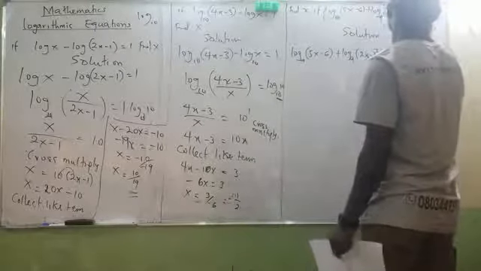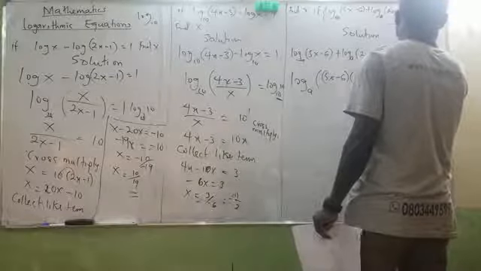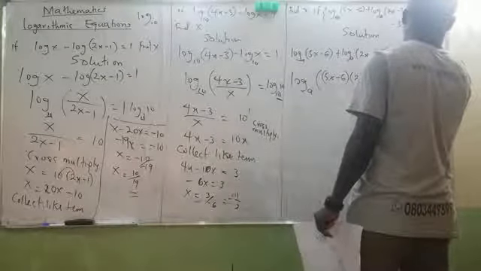They are of the same base, thank God. Since they are of the same base, I can now say log base a of (5x minus 2)(2x plus 3), because we're told that log AB is the same as log A plus log B. Close your bracket, equals log base a of 10x squared minus 3x minus 15.